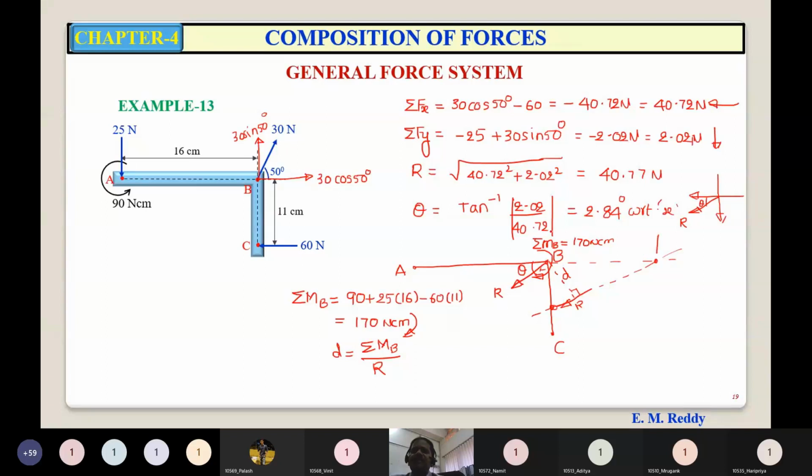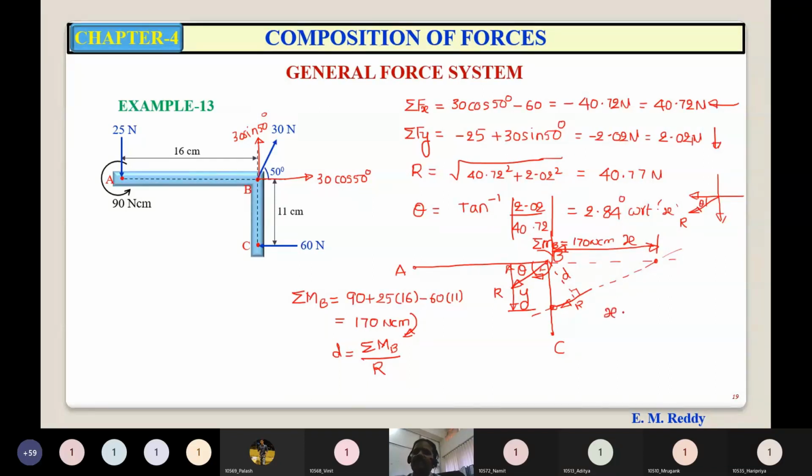That means with respect to point B, you have this horizontal distance X and vertical distance Y, and perpendicular distance D. Are you following me? So with respect to point B, you can locate the position of resultant either by calculating perpendicular distance D, horizontal distance X, or vertical distance Y.